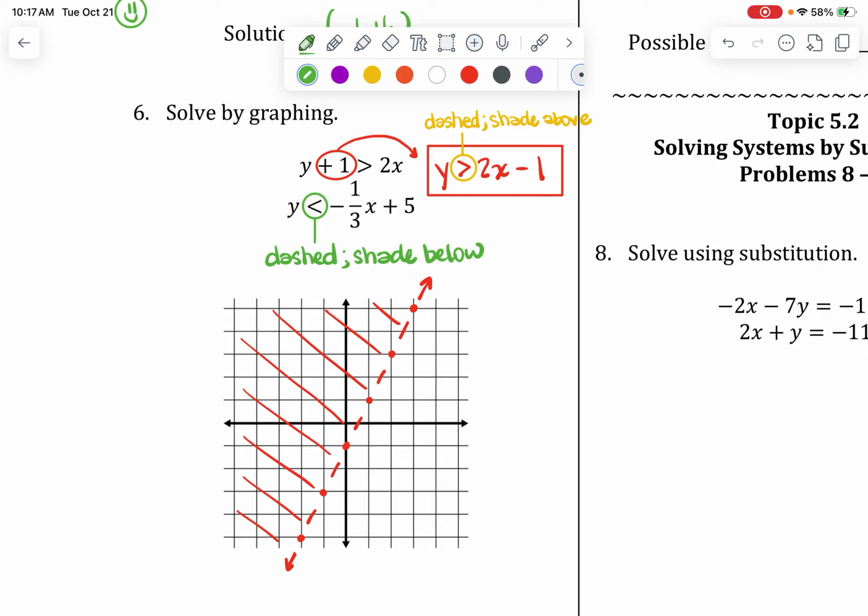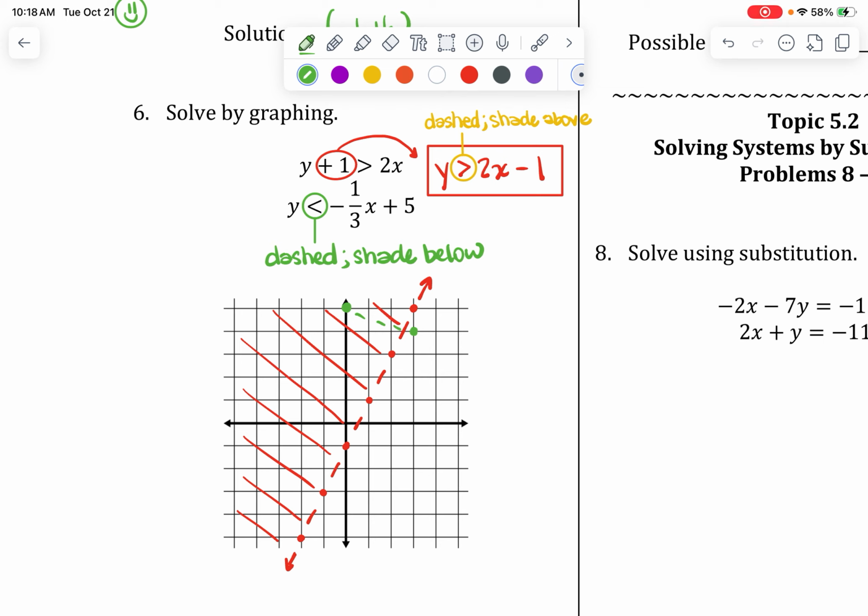Okay, so I'm going to go graph 1, 2, 3, 4, 5. There's my y-intercept. And a slope of negative 1/3 means down 1 over 3. I can't really fit a whole lot. So that line is way up here. Oh, silly me. Dashed. I forgot my own little thing that I just wrote down.